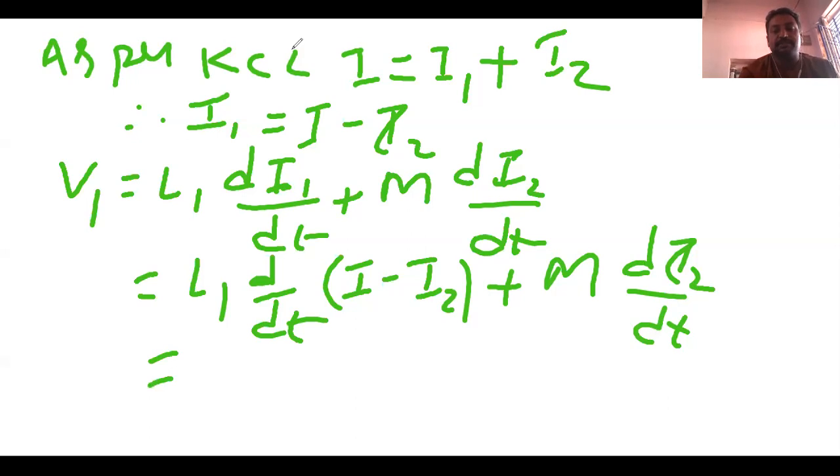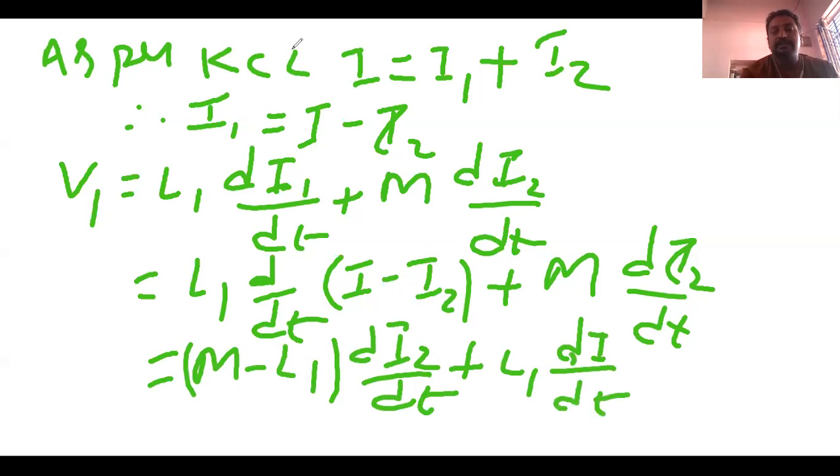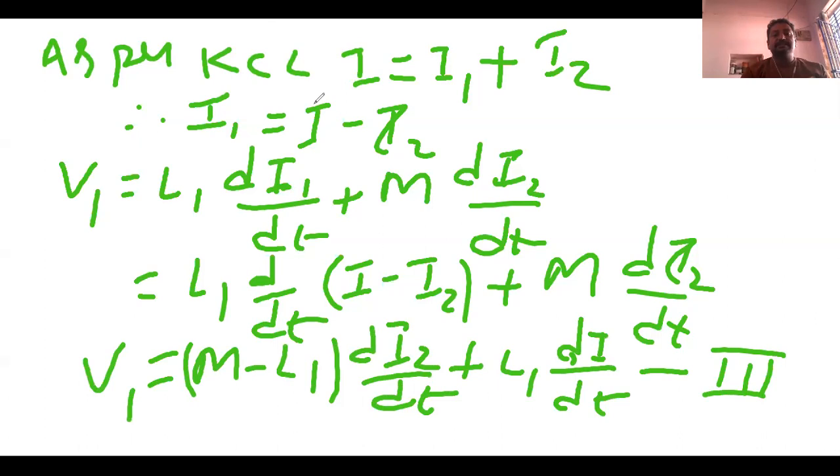When we separate this, we get (M minus L1) into di2 by dt plus L1 into di by dt. This is equation 3, and it should be equal to V1. As per KCL, we get I is equal to I1 plus I2.